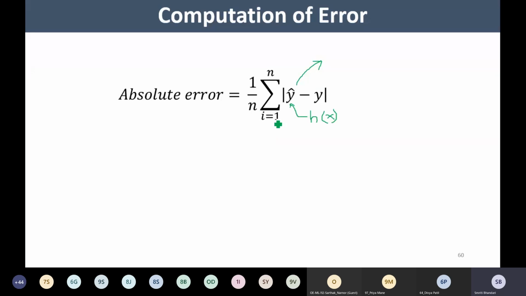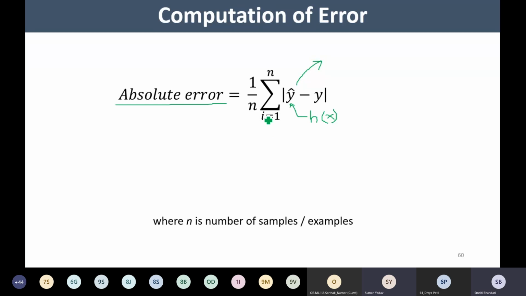That is what we describe as the absolute error. Any doubt? What is this n? n is the number of samples or examples that we have. Any doubt so far?